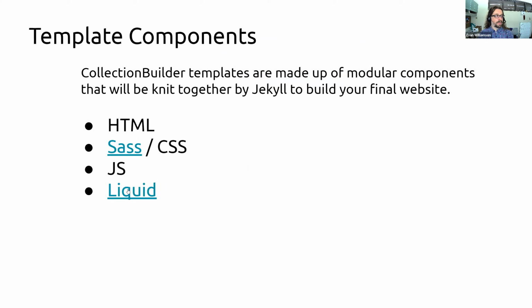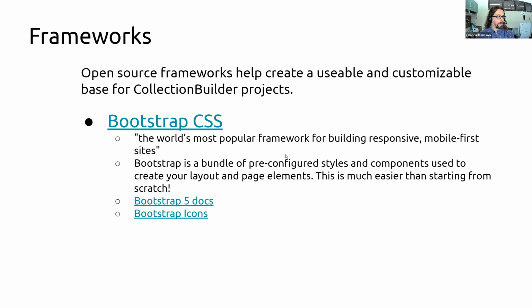And Liquid, which is a templating language that's going to let us use some really basic logic inside of our HTML to be able to put our data onto the page. And so those are the parts of what the CollectionBuilder template really is made out of. It's a bunch of little chunks of HTML, CSS, JavaScript, and then some Liquid to knit it together. And then Jekyll's going to take all those modular bits and build out complete pages from it.